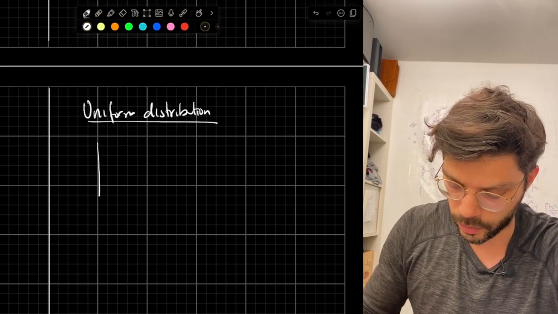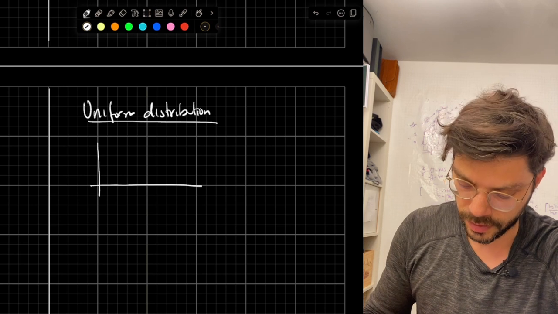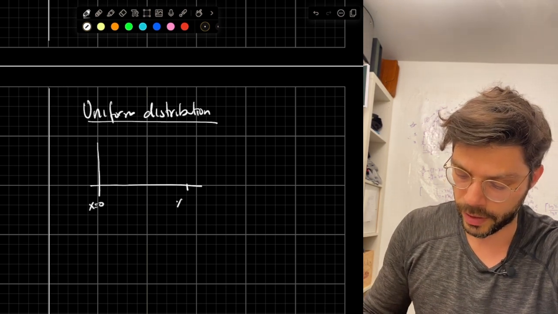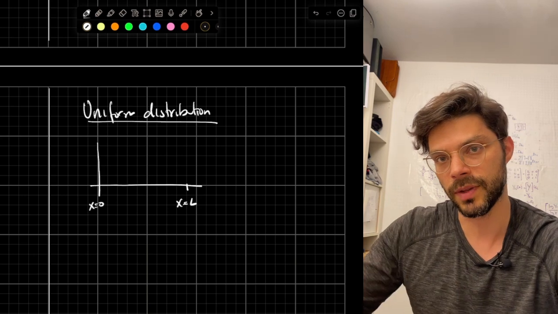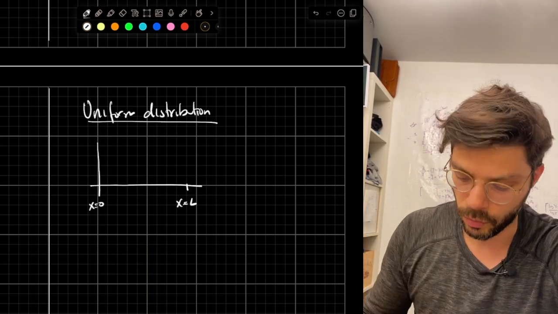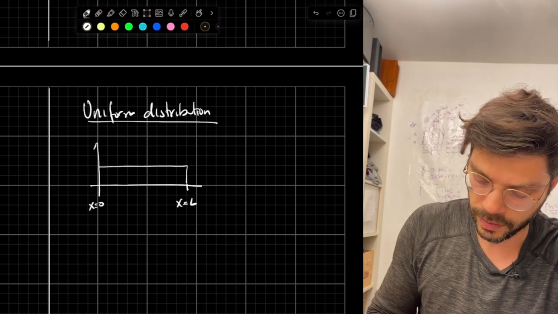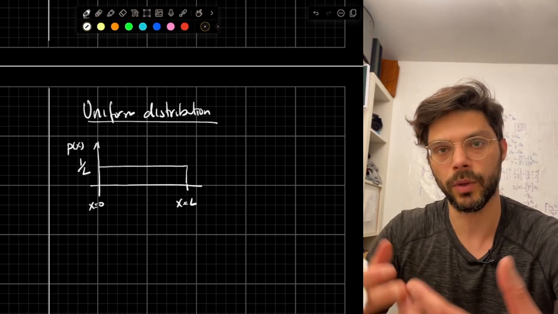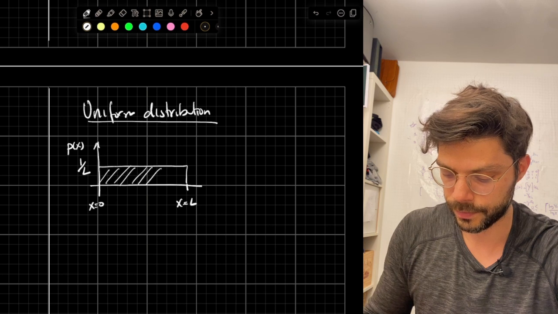Let's take an example here: this is x equal to 0, and now we're going to have it extend all the way out to x equal to L. So now we need the probability to be uniform over that interval and to integrate to 1. So it's pretty easy to see that p of x has to equal 1 over L, because that way it will integrate to 1 over this interval.